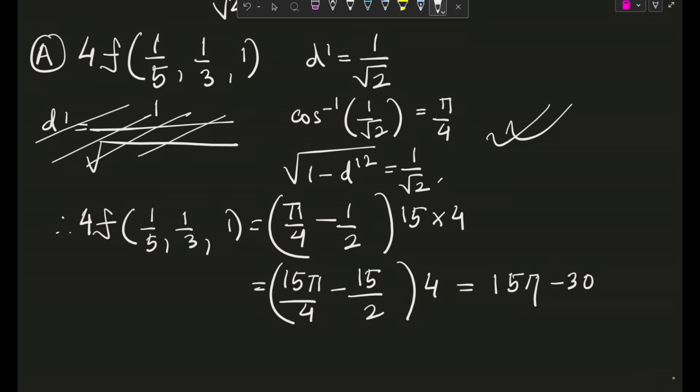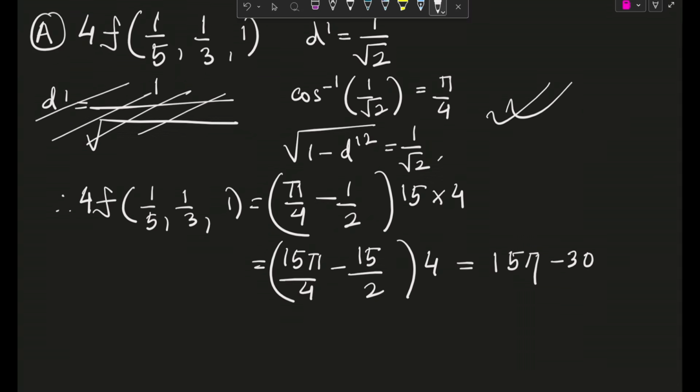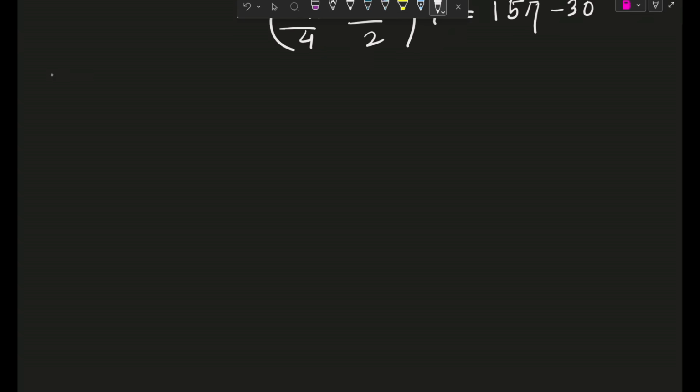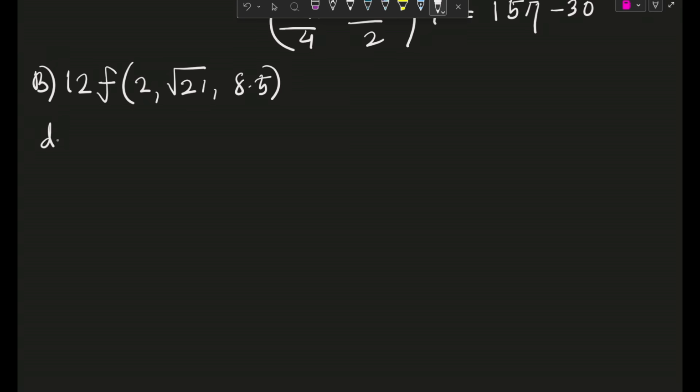Okay. So guys, moving on to option number B, which says 12 times f of 2, root 21 and 8.5. So here d dash would be equal to 8.5 by root of 25 into 4 plus 9 into 21. If you solve that, it would come out to be half.